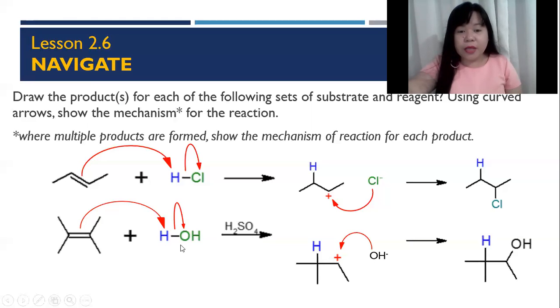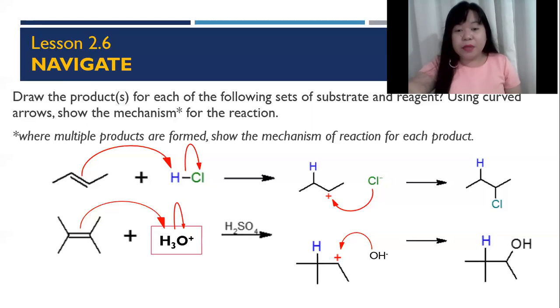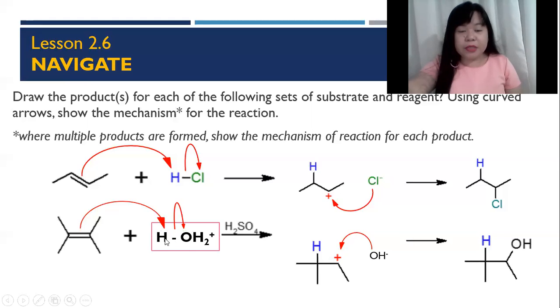Instead, it reacts with H3O plus, which is just H2O with an extra H plus, simply because the environment is acidic. So H3O plus can be represented by H with a bond to OH2 plus. So this is H3O plus anyway.